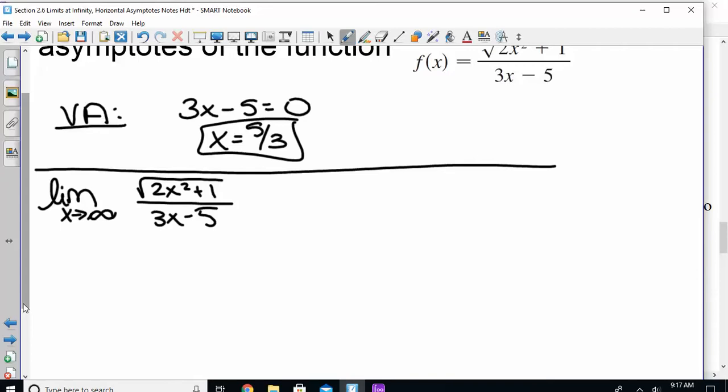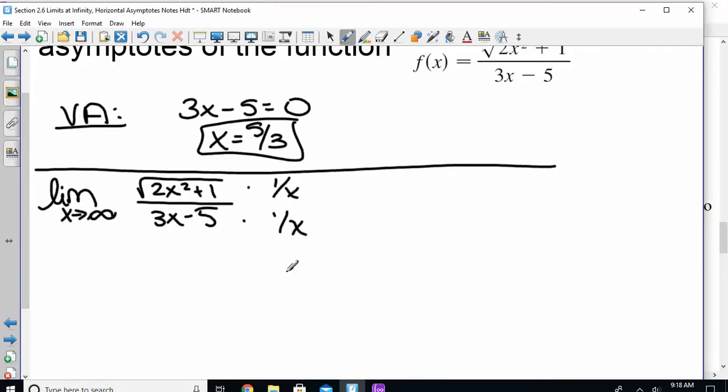So what power of x is that really? It's like x to the first, isn't it? The square root of x squared is x. So I really have an x to the first on top and an x to the first on the bottom. So we have to multiply by 1 over x on top and bottom. Okay, these things have to be equivalent.